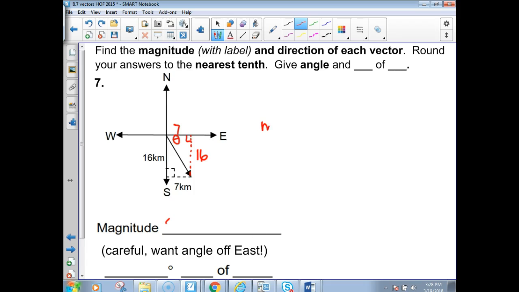So our magnitude is the square root of 7 squared plus 16 squared. And then we'll do inverse tangent for the angle, and we'll do 16 over 7. Those are the calculations you need. And I realize we are out of time. We will continue with more vectors tomorrow, but do try some of the problems.